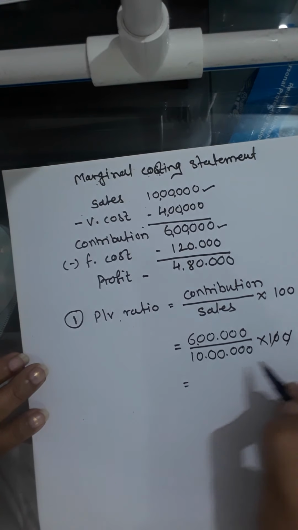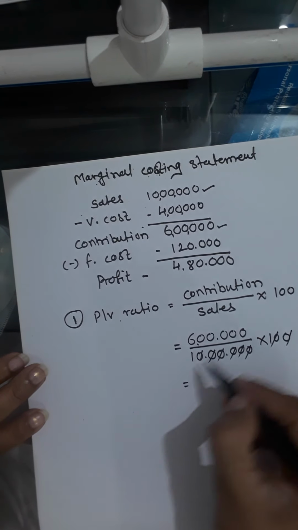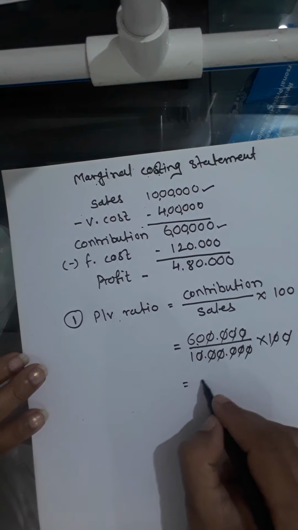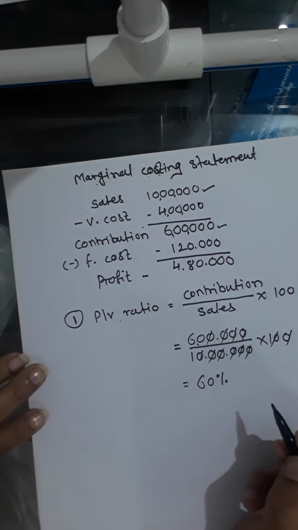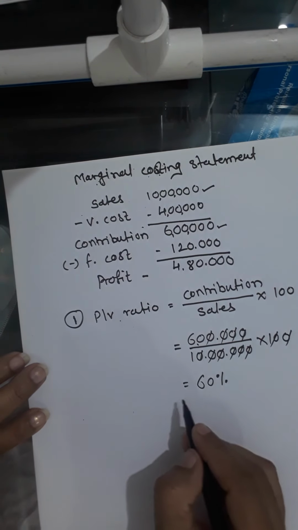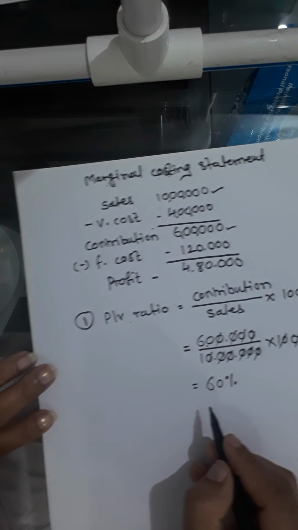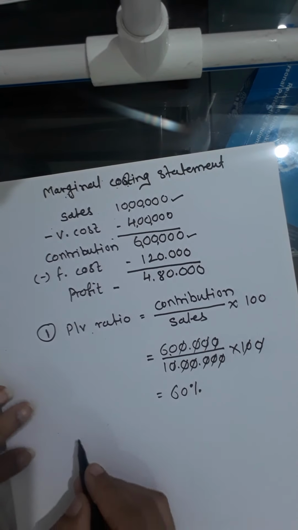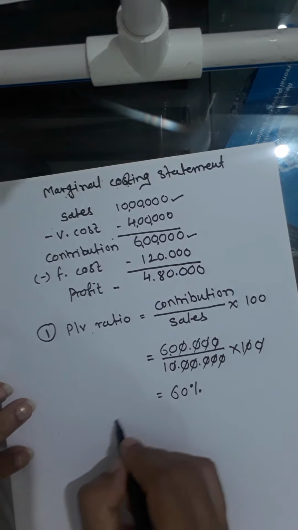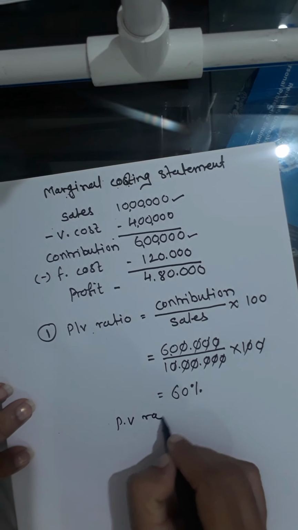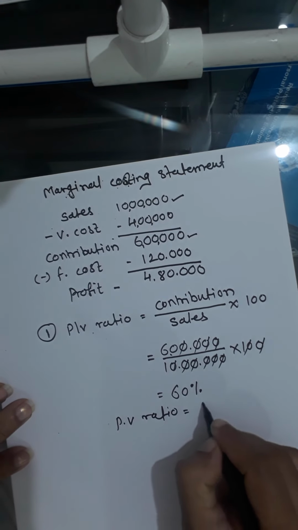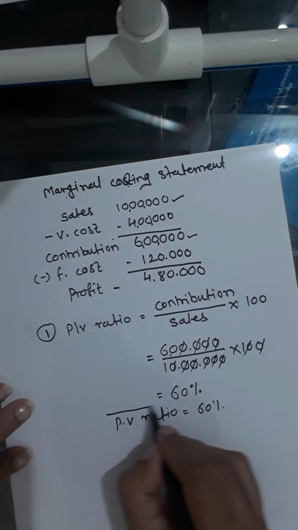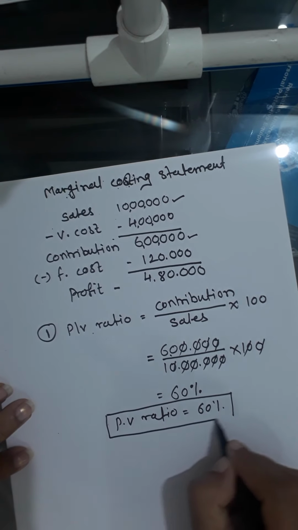The answer will come 60%. Our PV ratio has come, that is 60%. We'll put a bracket around this and highlight this one.